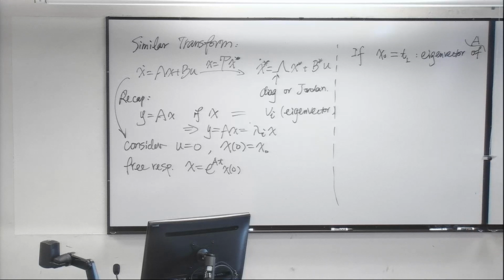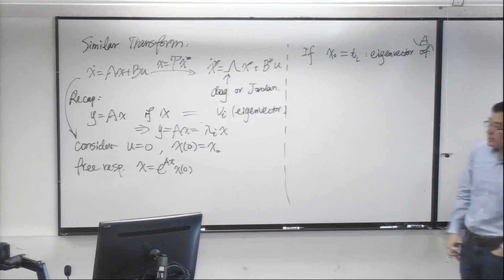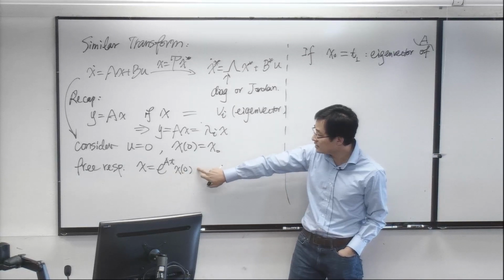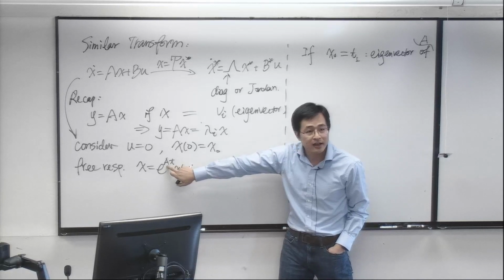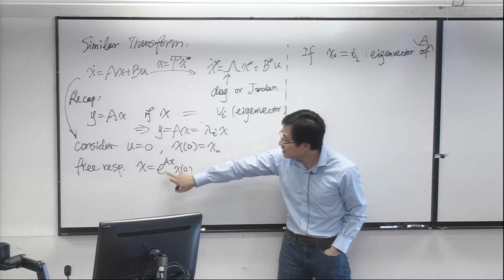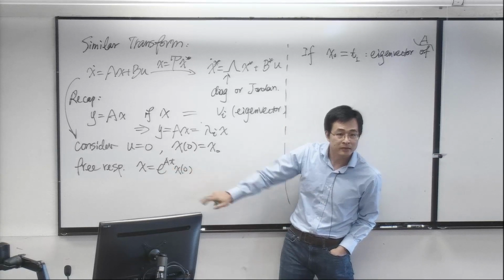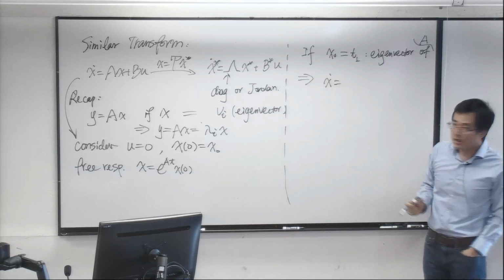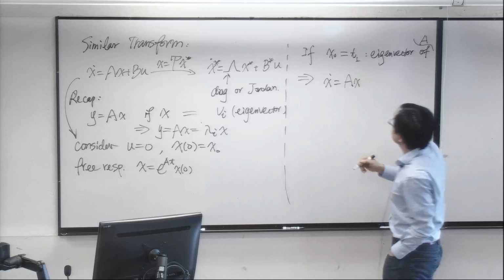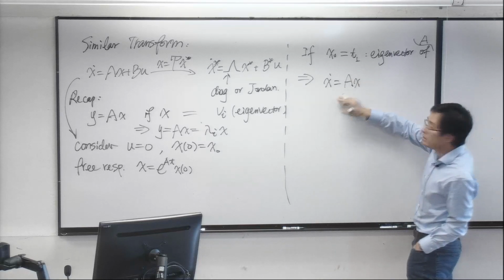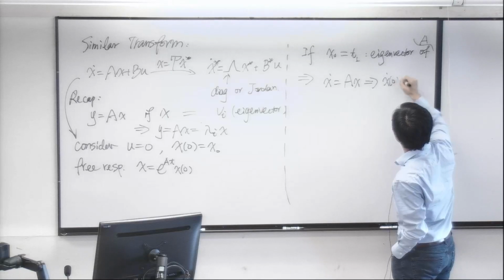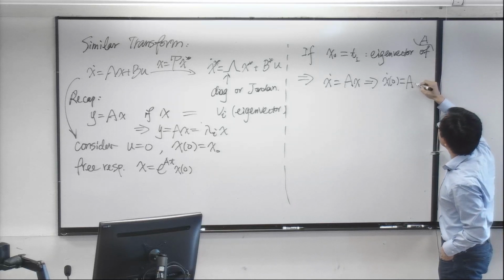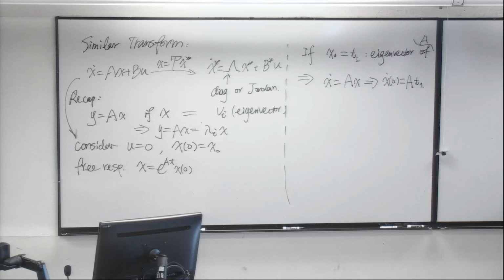It's not immediately obvious how this will turn out. If this is along the direction of one eigenvector of A, it is not immediately obvious how e to the At times x0 will look like. However, if we look here, x dot equal to A times x. So at the beginning, the initial derivative is going to be equal to A times T1. So what does that tell us?